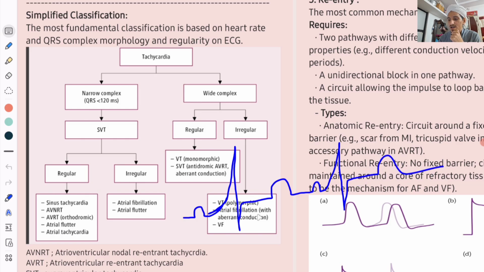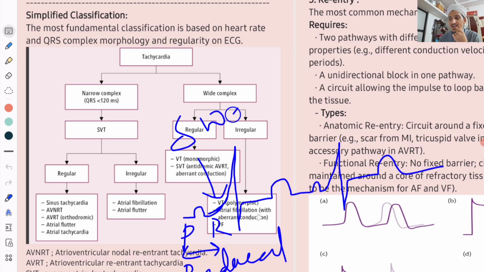Here the PR interval is reduced because the impulses are conducting fast through the accessory pathway. This slurring is known as the delta wave. This is when there is orthodromic conduction. So that's how you recognize AVRT.